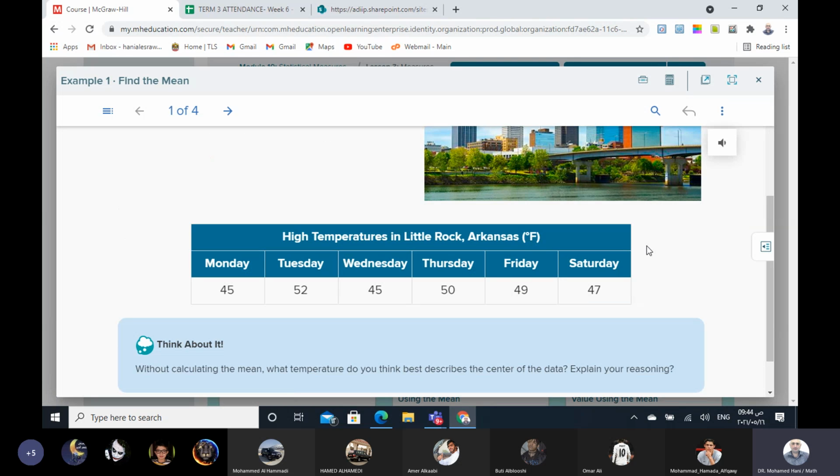In this table, on Monday we have 45, on Tuesday 52, on Wednesday 45, on Thursday 50, on Friday 49, and on Saturday 47. How do we find the mean, the average?